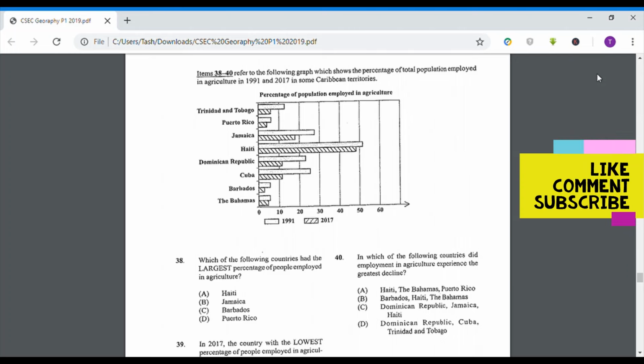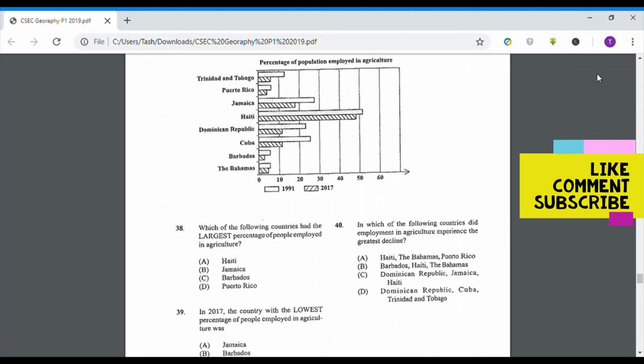38 to 40 refer to the following graph, which shows the percentage of total population employed in agriculture in 1991 and 2017 in some Caribbean territories. So we have Trinidad, Puerto Rico, Jamaica, Haiti, Dominican Republic, Cuba, Barbados, and the Bahamas. 38.